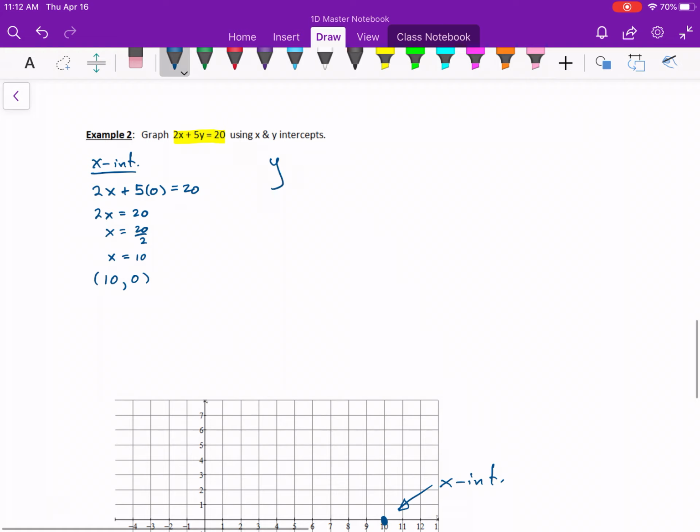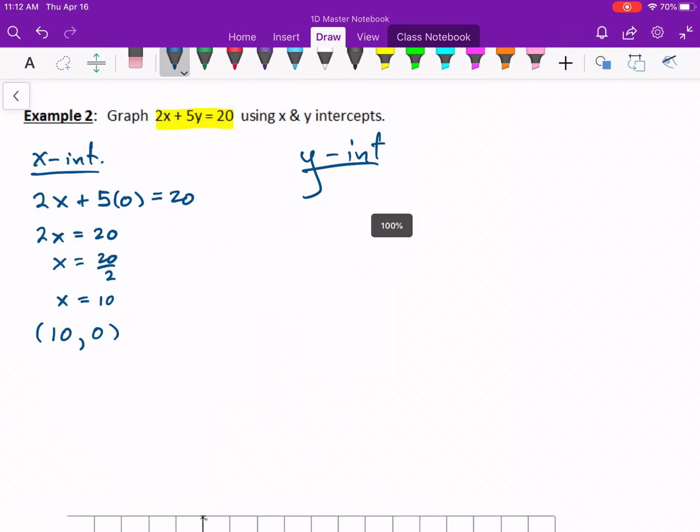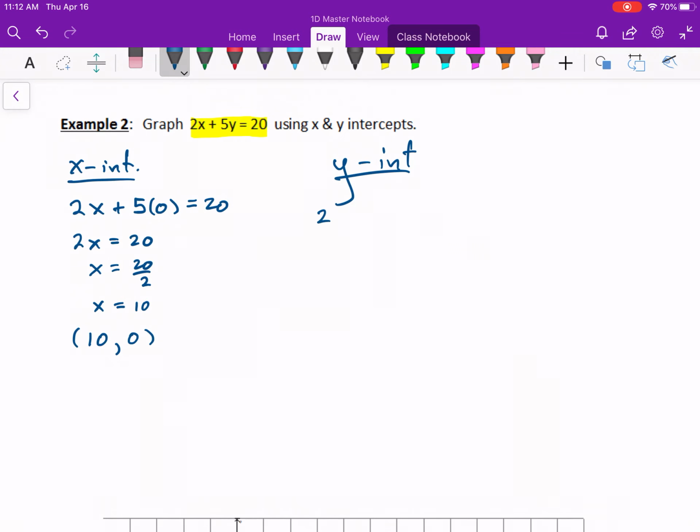Finding the y-intercept, I do the same thing, except that I'm going to let x equal 0 in this case. So now I've got 2 times 0 plus 5y equals 20. And again, 2 times 0 is just 0, so that disappears. And then I'll divide each side by 5.